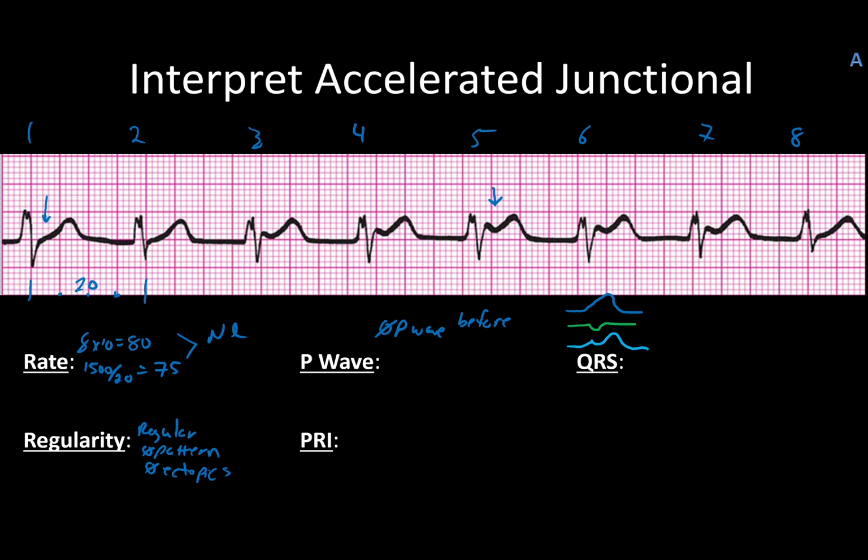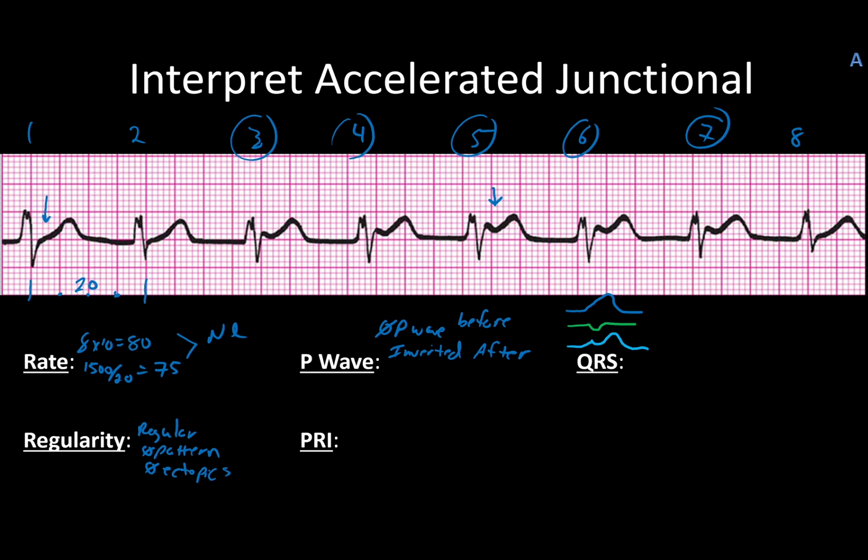And so if you now look at beat number 6, beat number 5, in fact, beats 3, 4, 5, 6, and 7 all display this pattern of an inverted P after the QRS. Which is really cool.